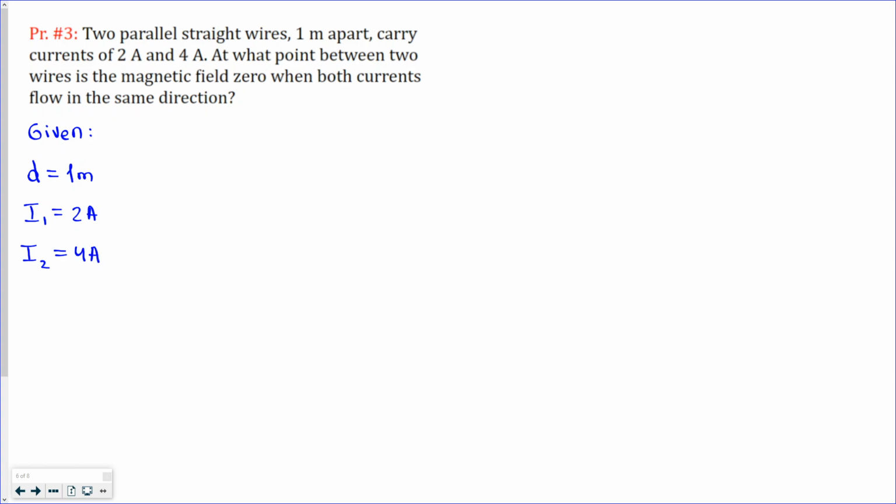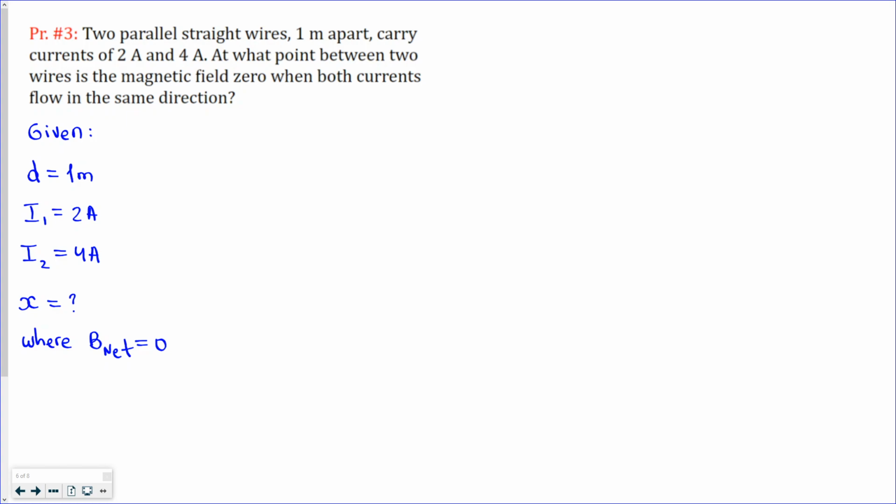And we're asked to find the point between these wires where the net magnetic field is equal to 0. So we must find some coordinate. It can be from the first wire or from the second wire, doesn't matter. We must find some point where the net magnetic field is equal to 0.